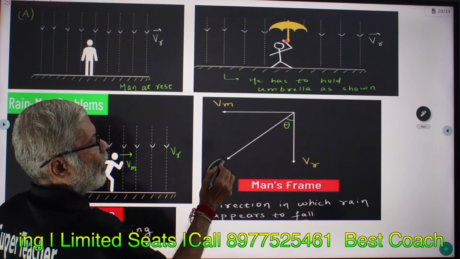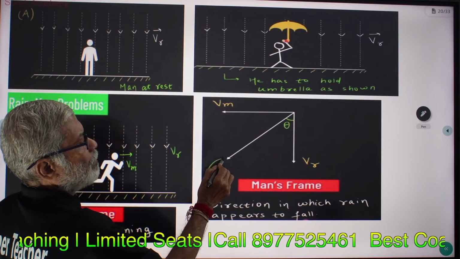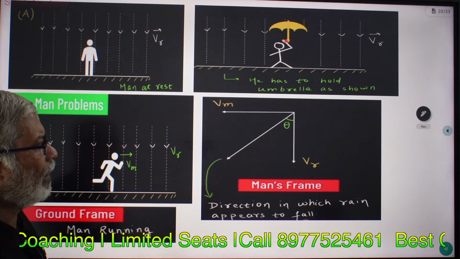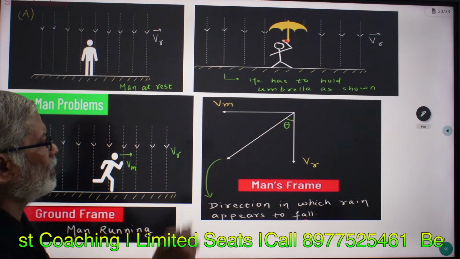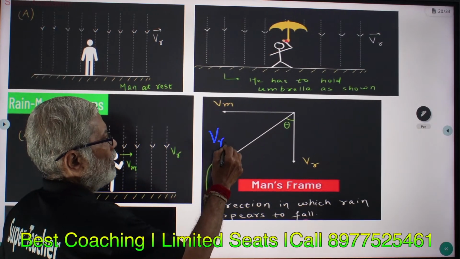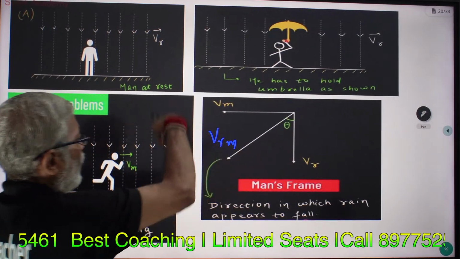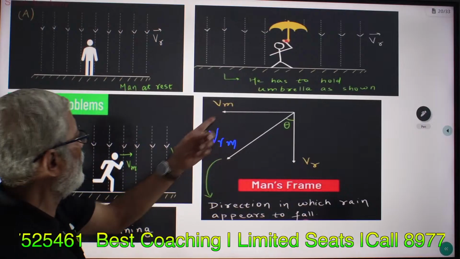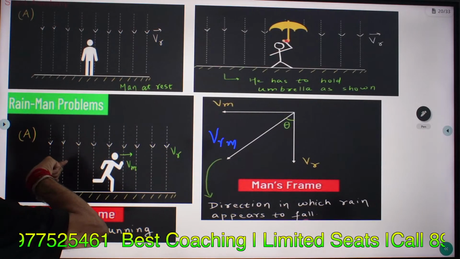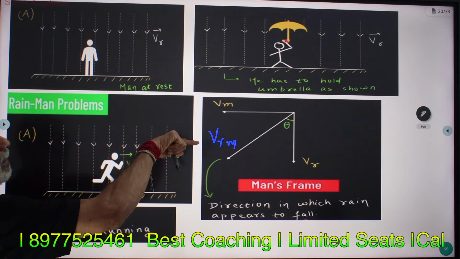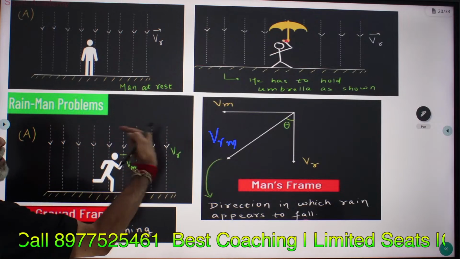So this is the velocity of rain with respect to man. Okay, this vector is the velocity of rain with respect to man. So Vr is this original one, and the man is actually running like this, but the rain is hitting in the opposite direction.